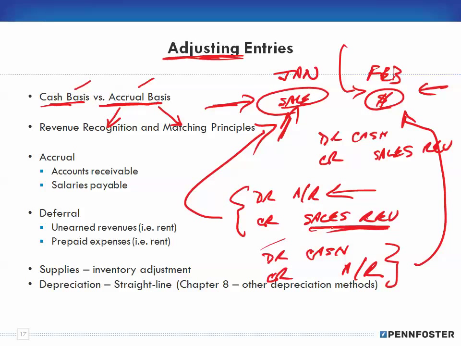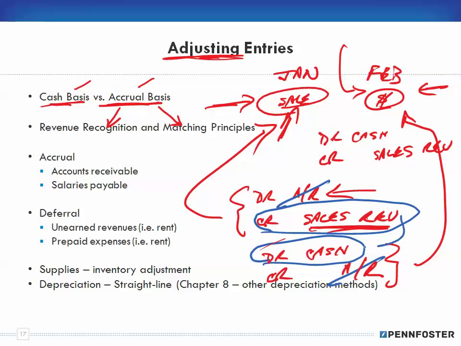Notice that we have a debit to accounts receivable and a credit to accounts receivable, so between the two transactions they cancel each other out, meaning the customer doesn't owe us anything. Our remaining entry is a debit to cash and a credit to sales revenue, which looks exactly like if we had just recorded the sale in February as a cash sale.